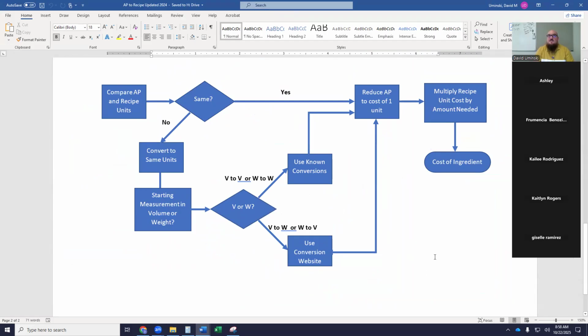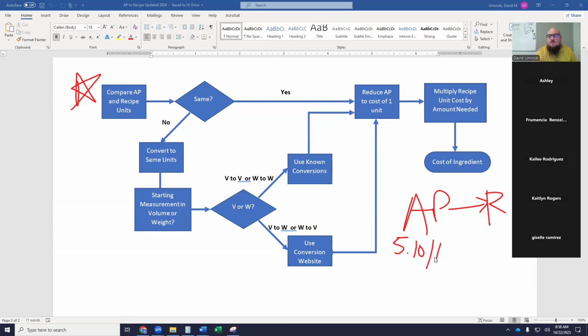Let's use this example of broccoli florets. We're going to compare our AP and recipe units. So we start here. AP to recipe, and in this case, we had $5.10 per pound, and we need 4 ounces.